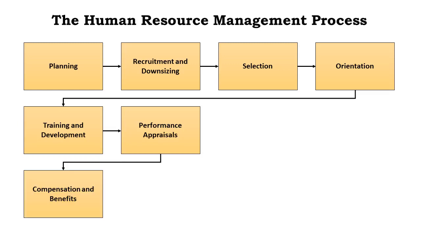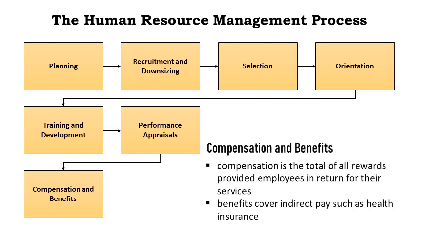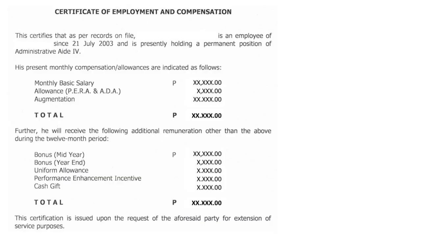Then we go to compensation and benefits. Compensation is the total of all rewards provided to the employees in return for their services. Benefits cover indirect pay, such as health insurance. This is an example of what a typical government employee receives as compensation.